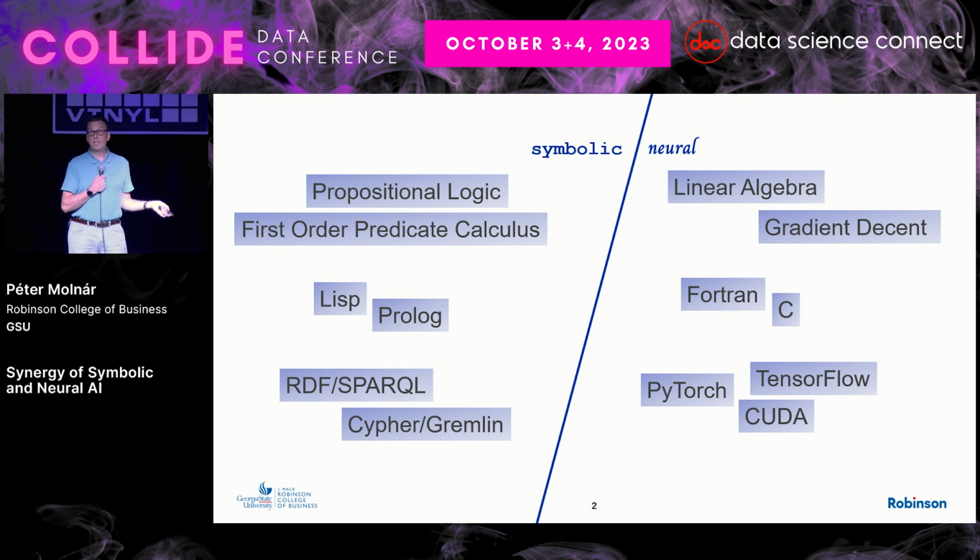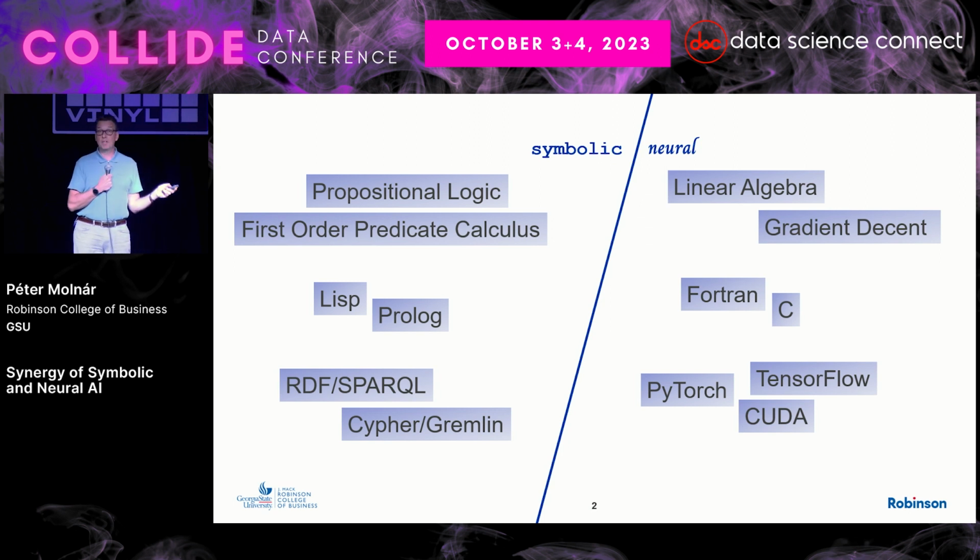On the neural side, we have made major advances in the last 5, 6, 7 years, partly because of the availability of new libraries, GPUs and CUDA, the computational capability, and of course the availability of data has exploded.